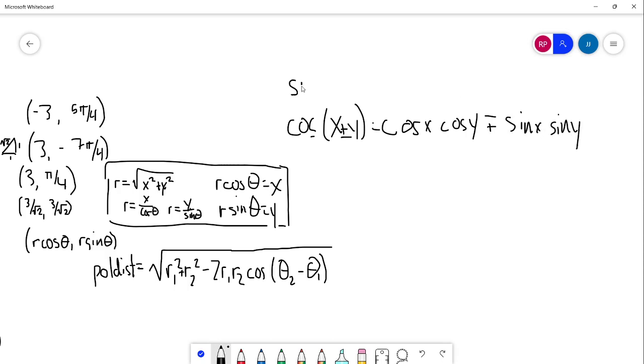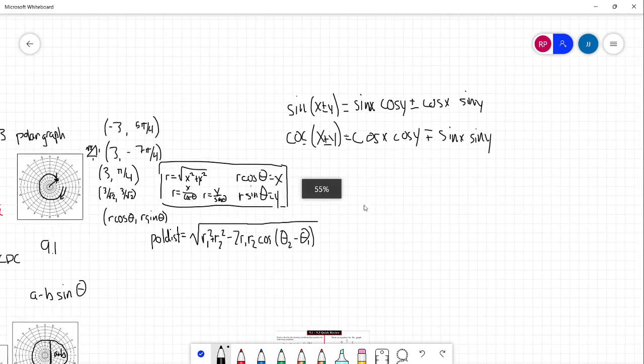And for sine of x plus y, it's going to be sine x cos y plus or minus cos x sine y. So we need to know these for identities.